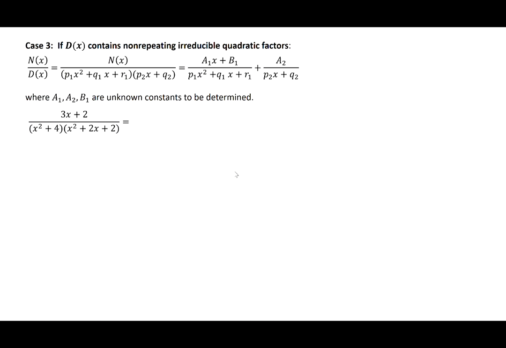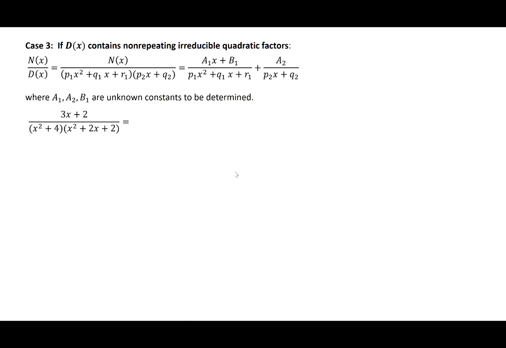As simple as that. How about x squared plus 2x plus 2? Is that irreducible quadratic? B square is 4. 4AC is 8. 4 minus 8 is negative 4. Yep, that discriminant is also less than 0, negative. So both are irreducible quadratic factors.